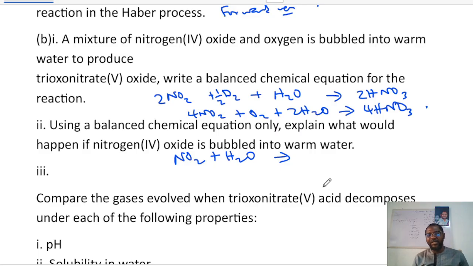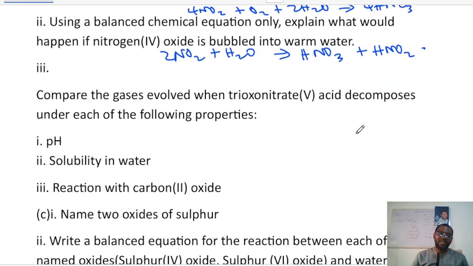Nitrogen 4 oxide is the only acidic oxide that dissolves in water to produce 2 types of acid. You are going to get HNO3 plus HNO2. This is what you are going to get, and this is a balanced equation. Nitrogen is 2, nitrogen is 2, hydrogen is 2, hydrogen is 2, oxygen is 4 plus 1, 4 plus 1, 5. So that is for that one.